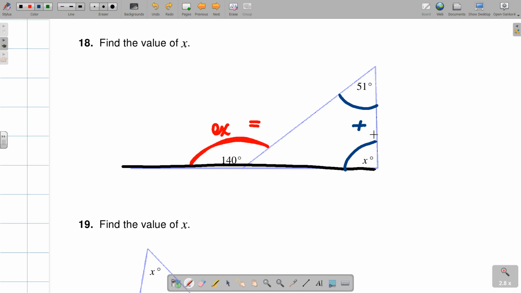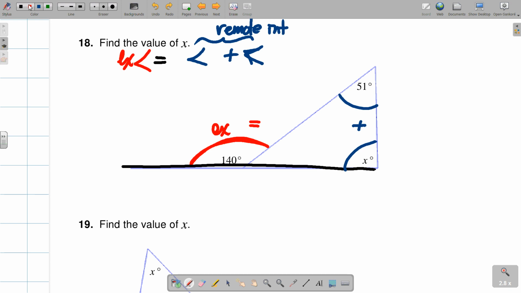They're called remote interiors. So the exterior angle is equal to the sum of the 2 angles that are far away but still inside the triangle. It's called the remote interior.